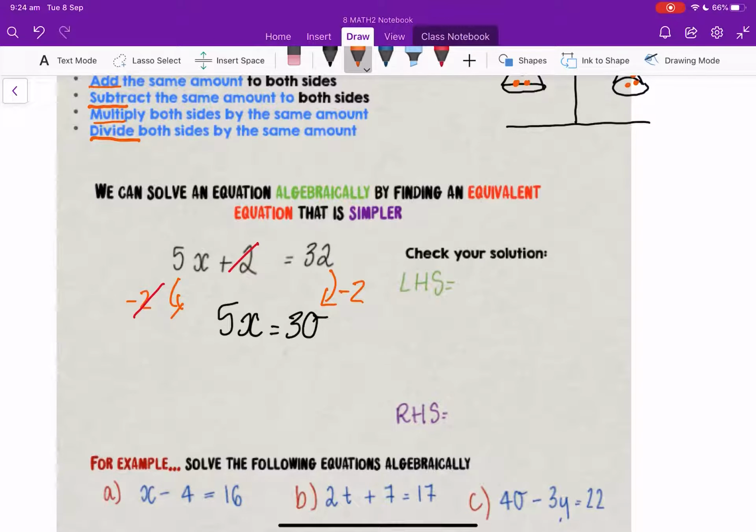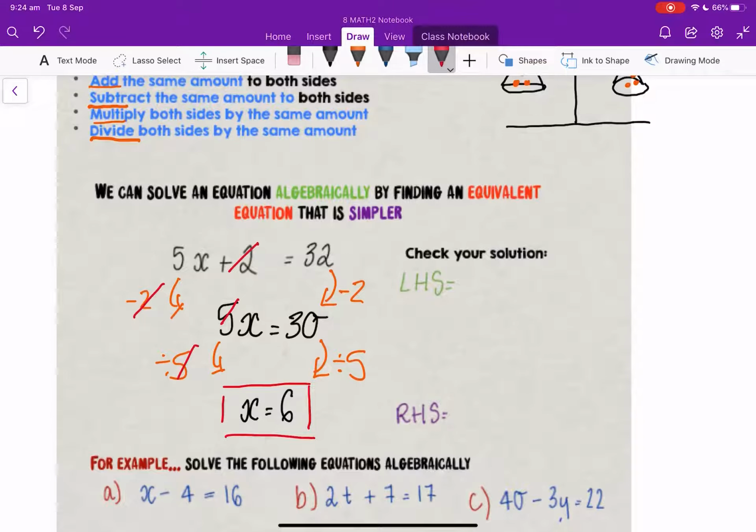So if we divide both sides by 5, that means we can get rid of the 5 on our left-hand side, okay? Now x is by itself. So x equals 30 divided by 5 is 6. Now x equals 6 is a simpler equivalent equation, okay?